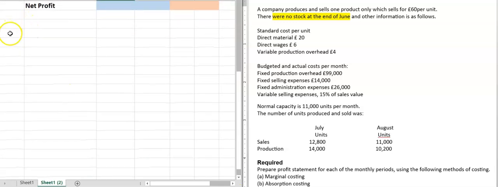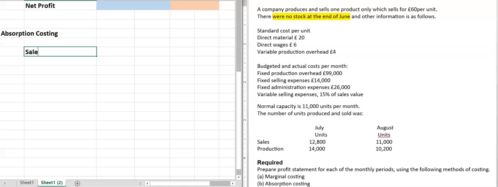So under the absorption costing, what is the format of the statement of profit or loss? So again, we get sales, we get less cost of sale, then again opening inventory, and add the production.